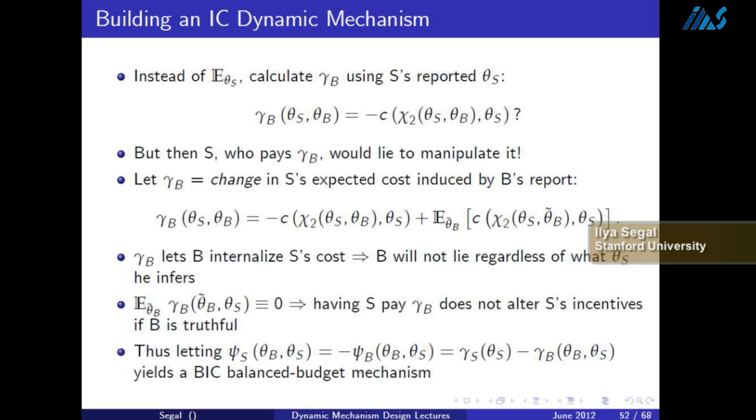Of course, this is not the only way of solving the problem. Just like in the static setting, the expected externality is not the only way of solving the problem. There are probably many ways of doing it, but that's the simplest way we could think of. There are many other ways of spreading the payments to ensure that the expectations are the same.